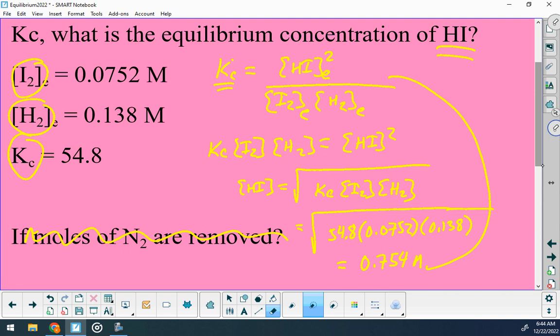So I'm going to take 0.75411 and square that number. I'm going to divide it by my I2, 0.0752, and divide that by 0.138. If I did this right, I should get 54.8, and I do, 54.8. I double checked, and everything's great. So that is my equilibrium value of HI.